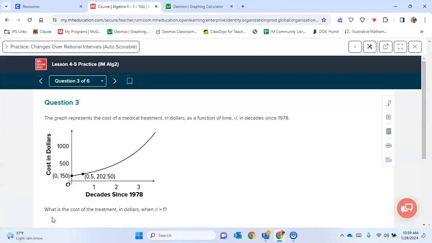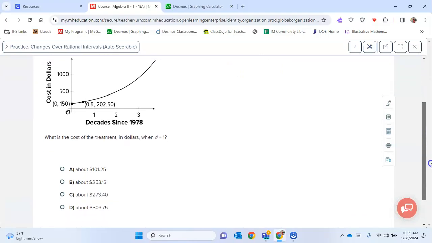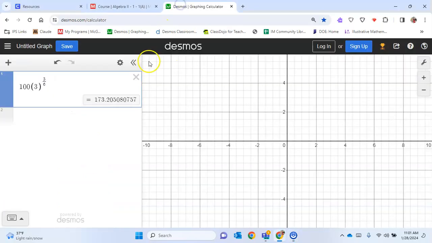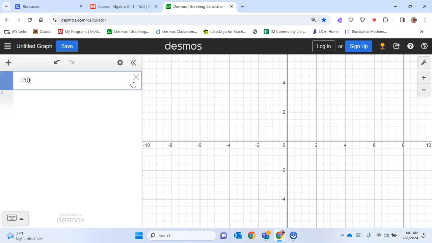The graph represents the cost of a medical treatment in dollars as a function of time D in decades since 1978. What is the cost of treatment in dollars when D equals 1? You can see it begin at 150, and we're trying to figure out the factor x.